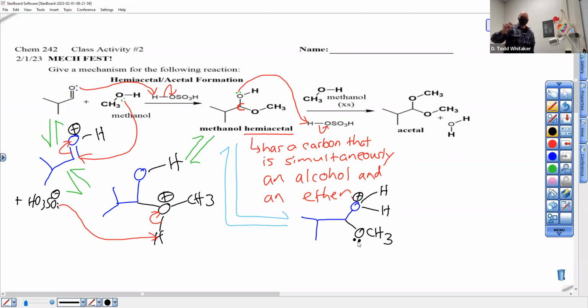Because we're going to do what this young lady over here told me to do, make a pi bond. I'm going to kick that leaving group off with that lone pair. And when I do this, what kind of a bond am I making? Pi bond. It'll be an oxonium with a pi. It'll look almost like this thing, right?